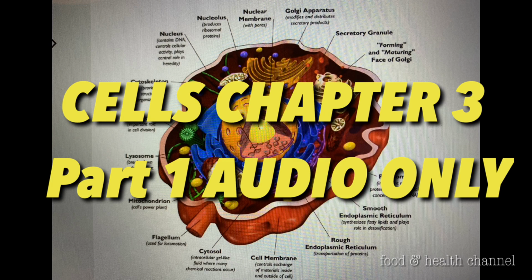Cells that have no centrioles are incapable of cell division. These include neurons, mature RBCs, skeletal muscle cells, and cardiac muscle cells. The cytoplasm surrounding the centrioles is called the centrosome.